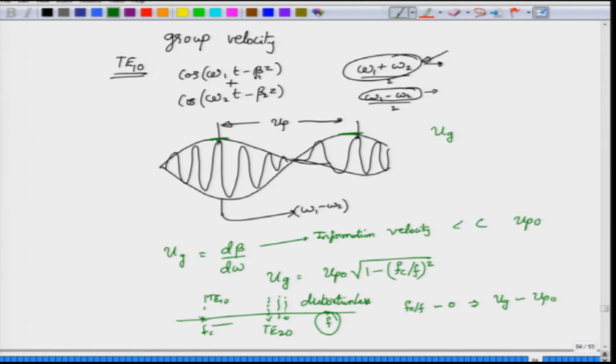So, this range where you are going to operate, between the first or the dominant mode and the onset of the next higher order mode, is called the single moded region, okay. This is very similar to the fiber case that we discussed. So, you had this V number, and once your operating number became greater than 2.405, and went beyond that, you would actually have these additional modes coming in, right.